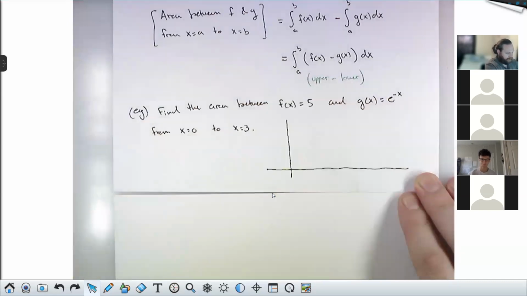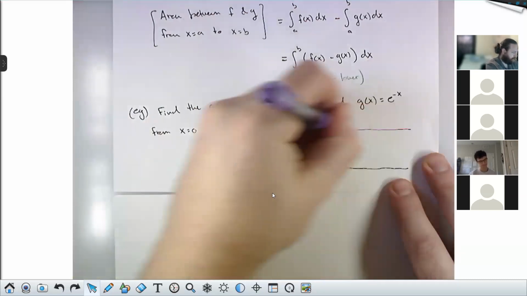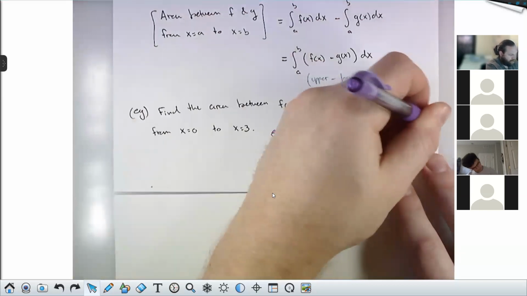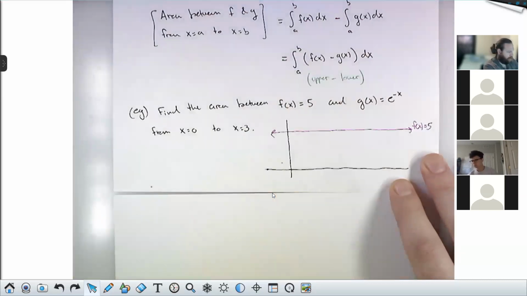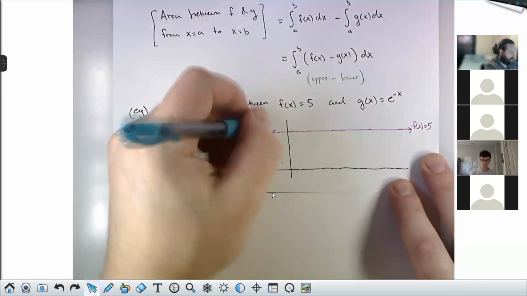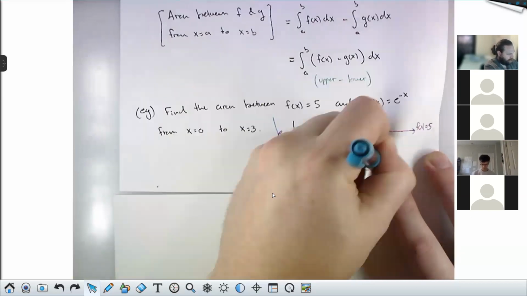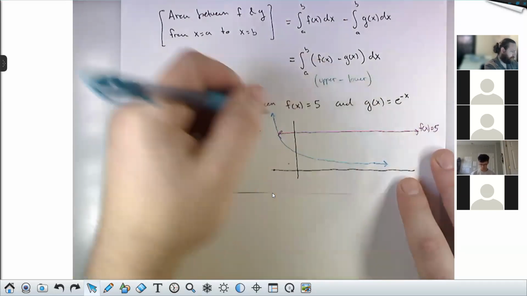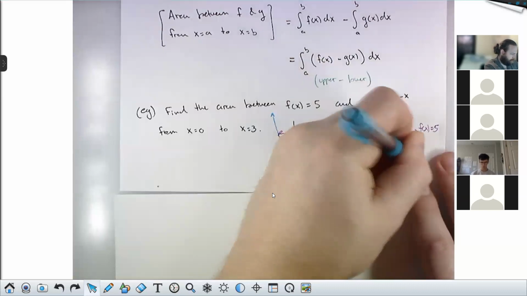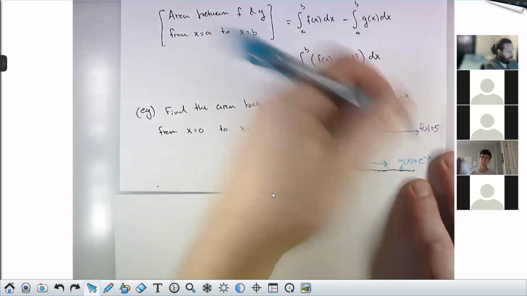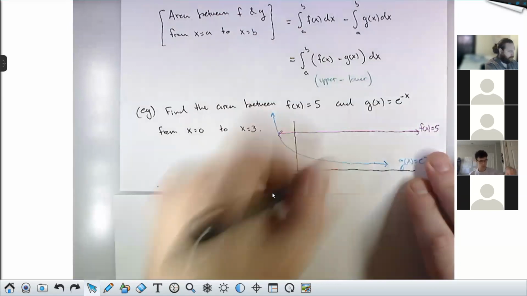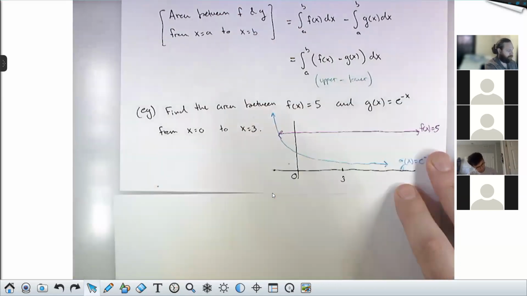The constant function 5 is a straight horizontal line. And e to the negative x is a decaying exponential looking like this. x equals 0 is right here, and x equals 3, maybe right here.